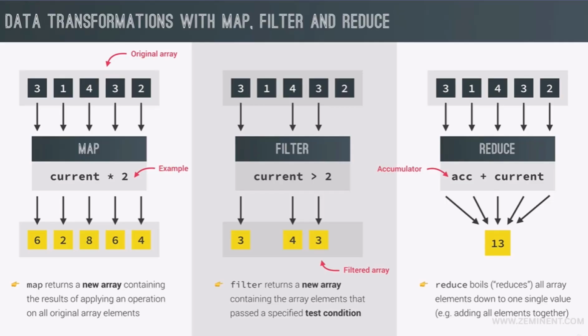We also said that this whole process has now reduced the original array to one single value, which in this case is the sum of all the elements, but it can of course be many other operations. It's this value that gets returned from the reduce method in the end. So there is no new array in this case, only the reduced value.